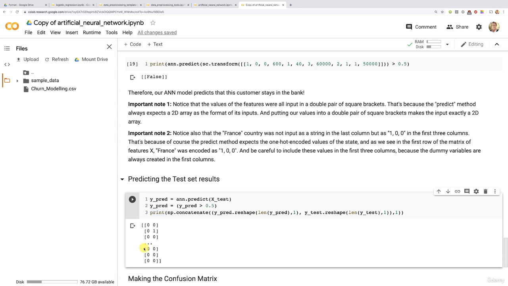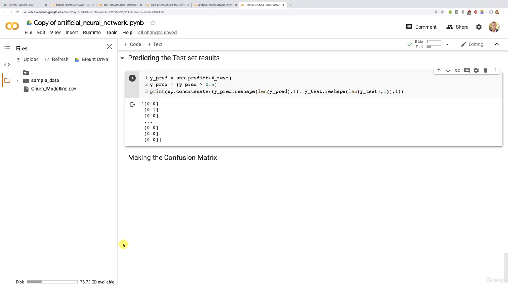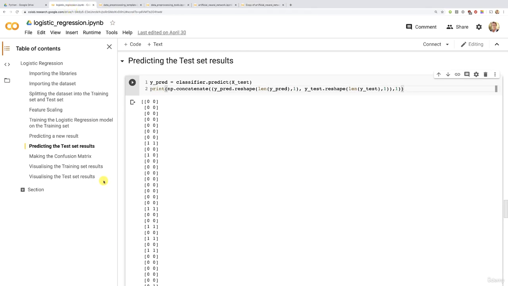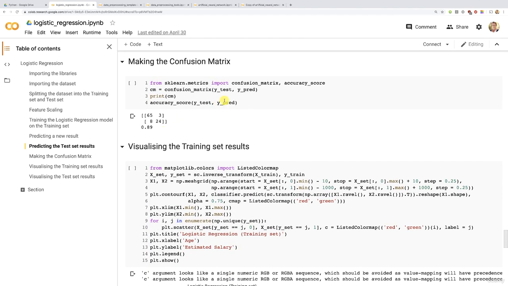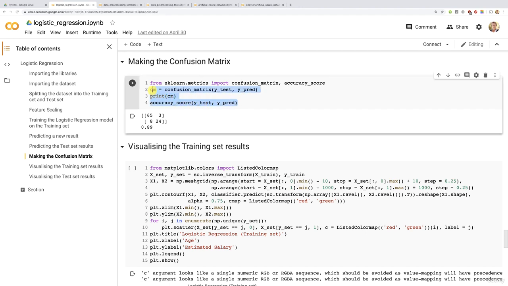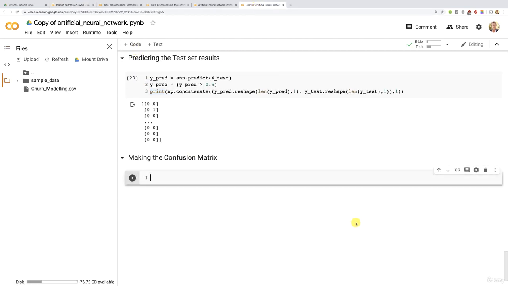So the results look really good, but the real way to check this is with our confusion matrix, and therefore here in our logistic regression tool, code template, well, we just have to scroll down a little bit more to find the code for the confusion matrix and also the computation of the accuracy. So let's just get this, then let's just copy that into a new code cell. Let's just paste it.